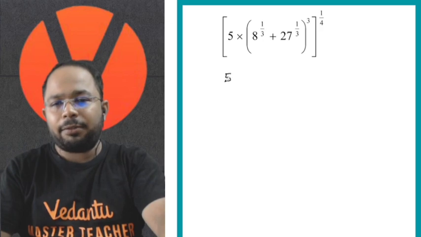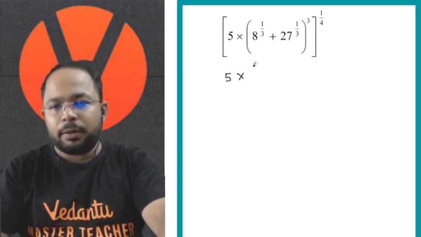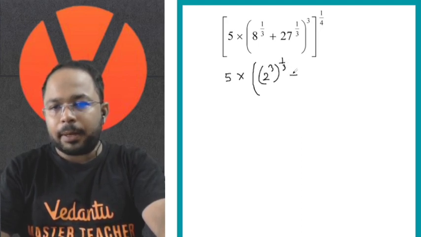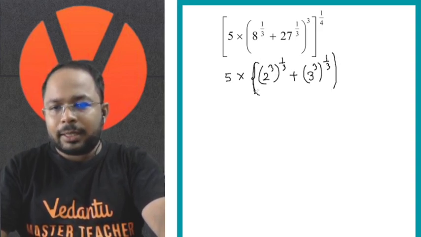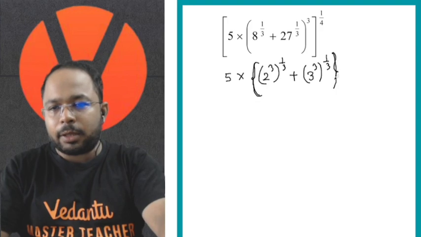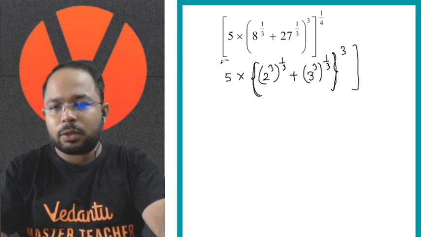Here we have 5 into, we can write 8 as 2 to the power 3, whole power 1/3, plus 27 can be written as 3 to the power 3, to the power 1/3, and we can give a curly bracket because after parenthesis we can put the curly bracket. Again power 3, and then again we have a square bracket to the power 1/3.